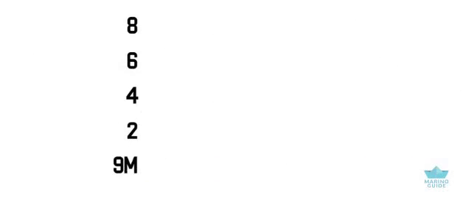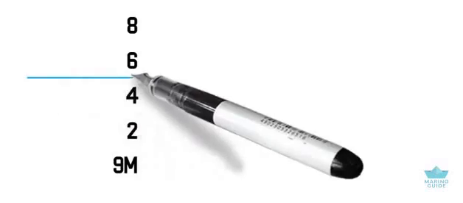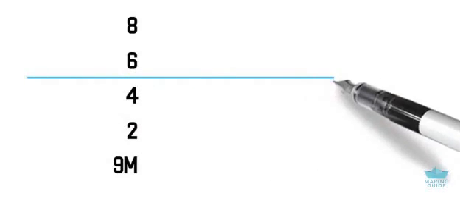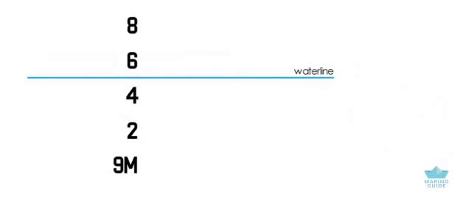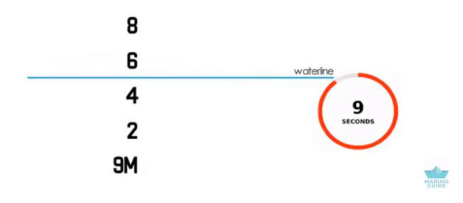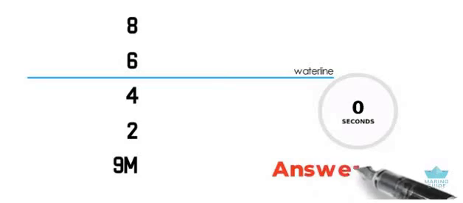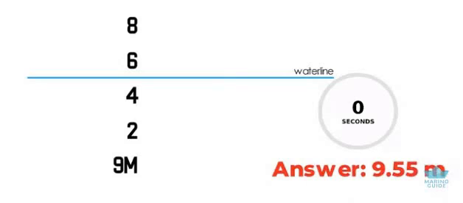Let's say that the water line is in this point. What is the draft reading? I will give you 10 seconds to think of the answer. The answer is 9.55 meters.